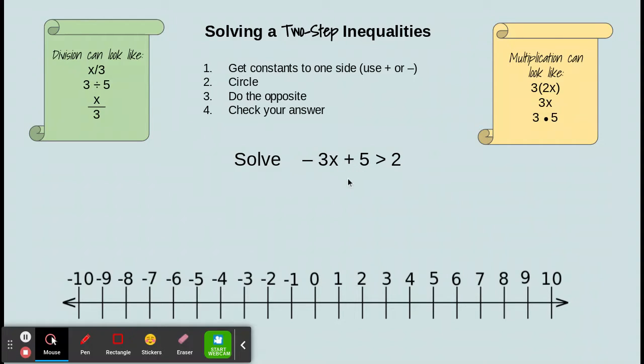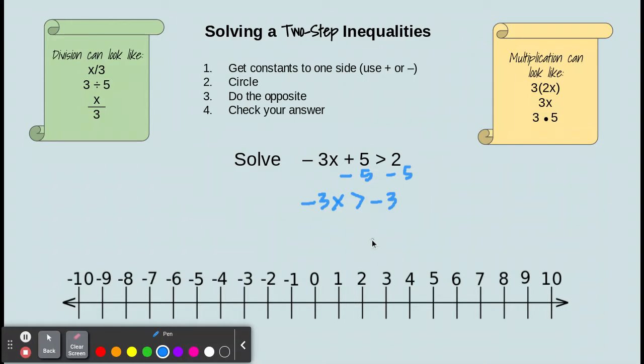And so in order to do that, we need to get rid of that 5. All right, so since it's adding 5, we need to subtract 5 from both sides. So then our inequality becomes 3x is greater than 2 minus 5 is a negative 3, right?